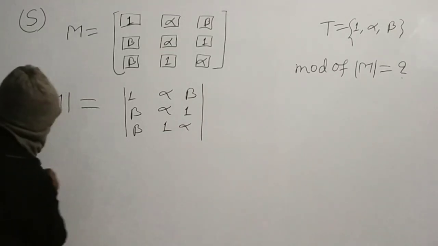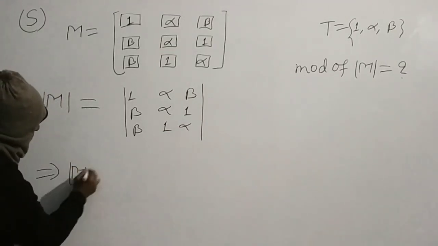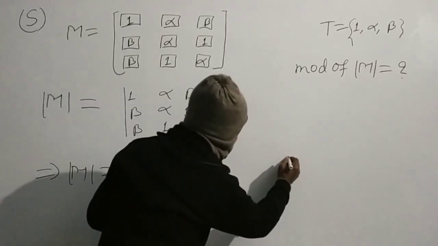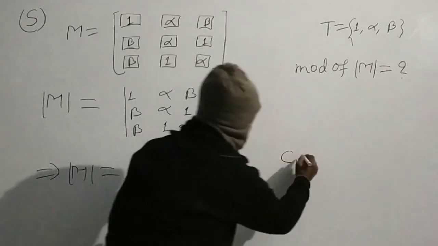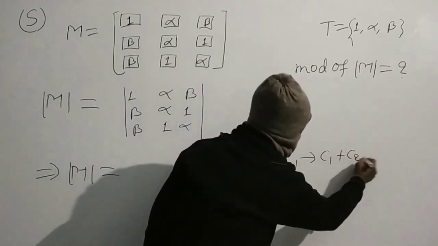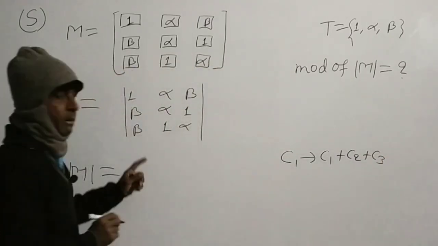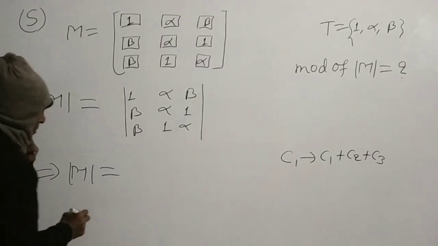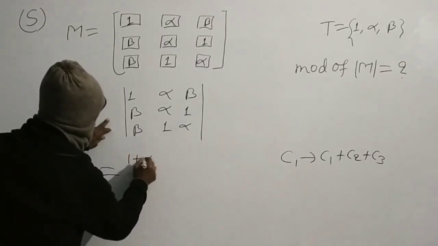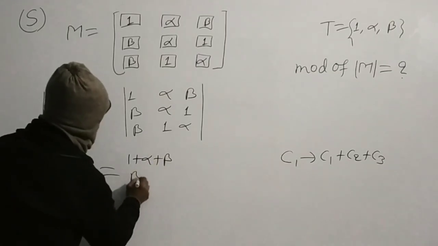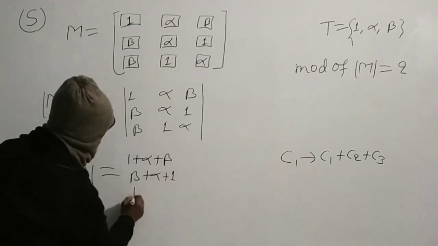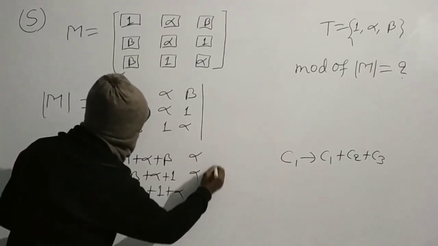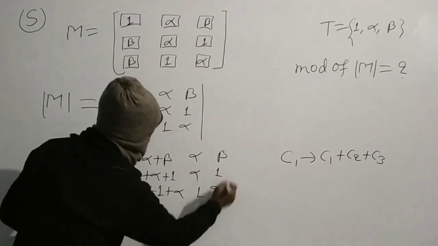This implies the determinant of M will be equal to, if in place of the first column we write first column plus second column plus third column, then the value of this determinant will remain the same. 1 plus alpha plus beta, beta plus alpha plus 1, beta plus 1 plus alpha, alpha alpha 1, beta 1 alpha.